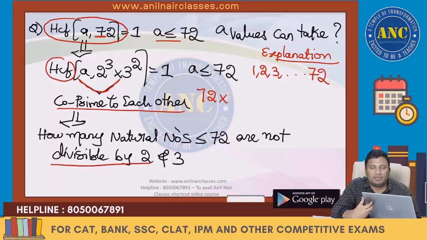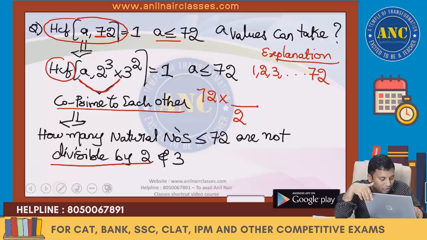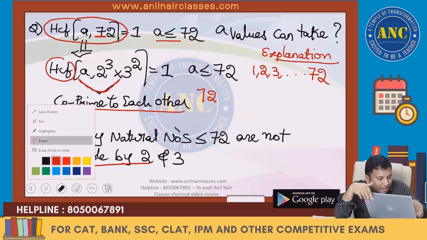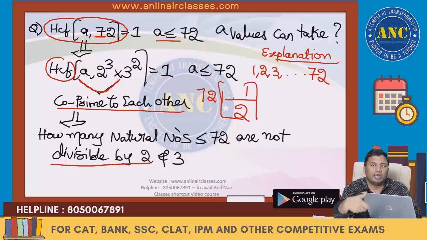Take any two consecutive natural numbers: 1 comma 2, 2 is divisible by 2; 9 comma 10, 10 is divisible by 2; 14 comma 15, 14 is divisible by 2; 71 comma 72, one number is divisible by 2. That means out of every two consecutive natural numbers, one is divisible by 2 and one is not. I hope it is clear.